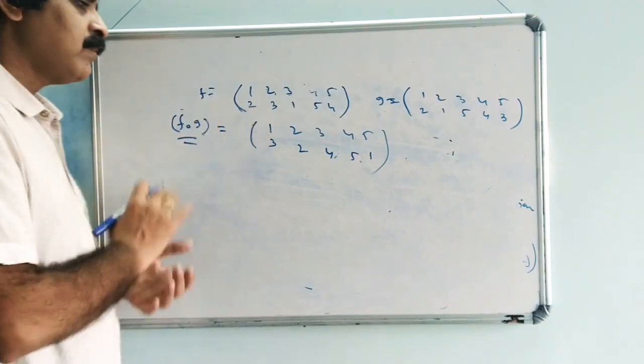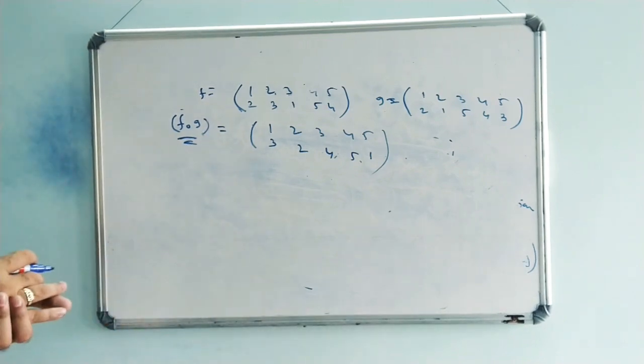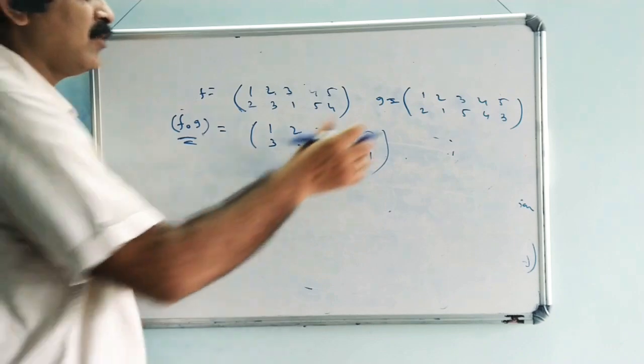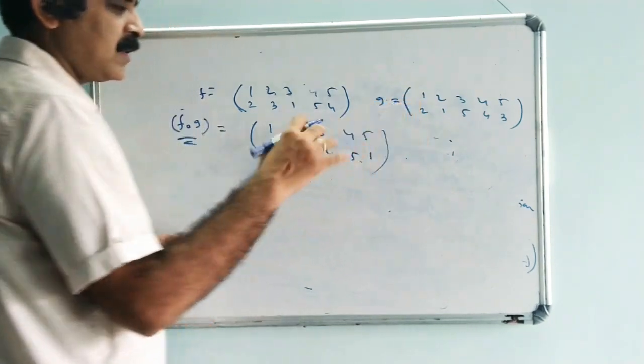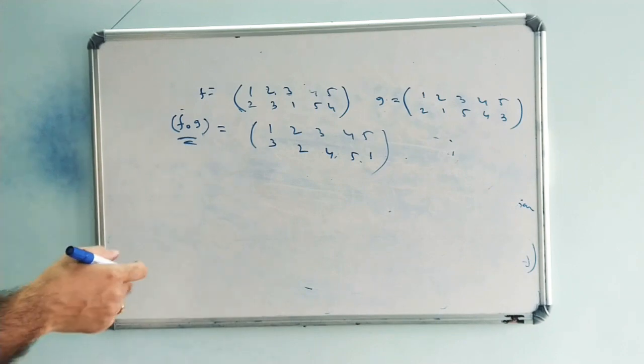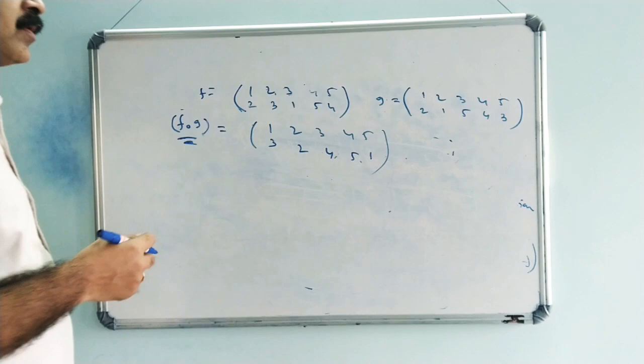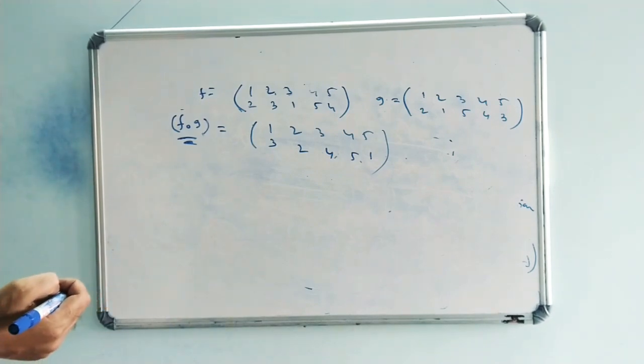This is the simplest way to write the composition of the permutations. If the set is very large, then no problem, you can write these permutations in this way. So this is how we can find the composition F compose G in a very simple way.